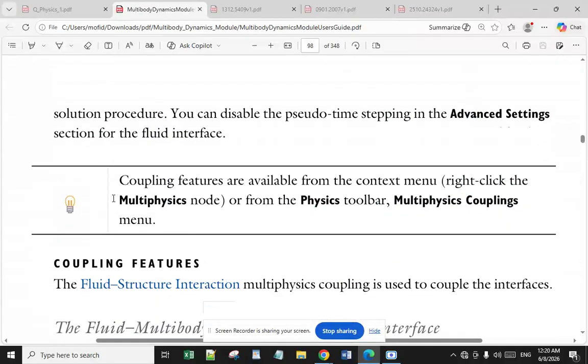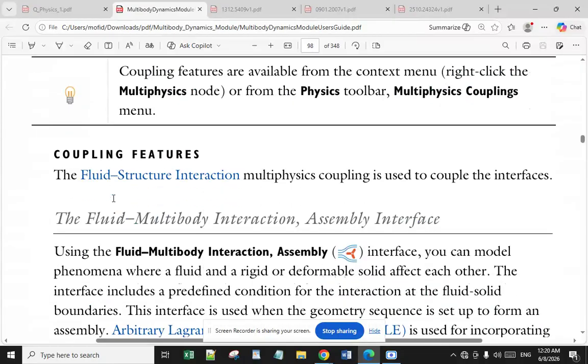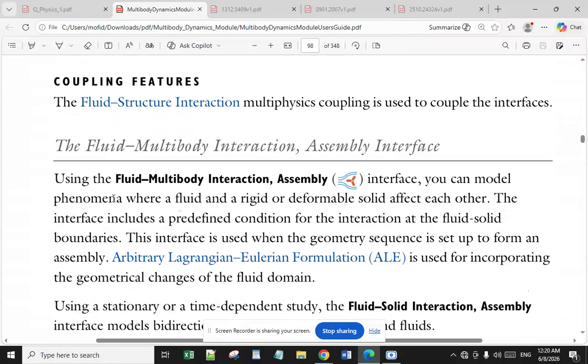You can disable the pseudo-time stepping in advanced settings. Selections for the fluid interface coupling features are available from the context menu, right-click the multiphysics node, or from the physics toolbar multiphysics coupling menu. Now I want to go through the coupling features.